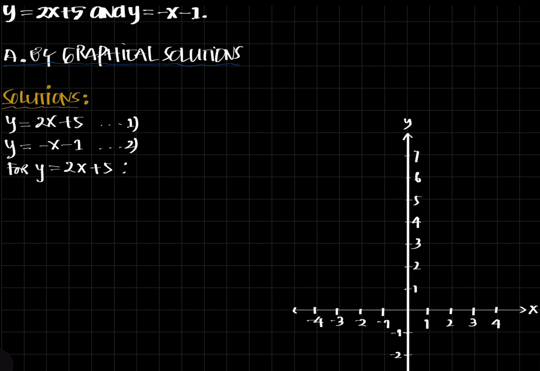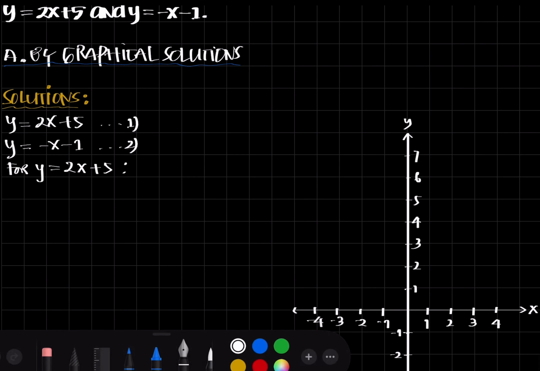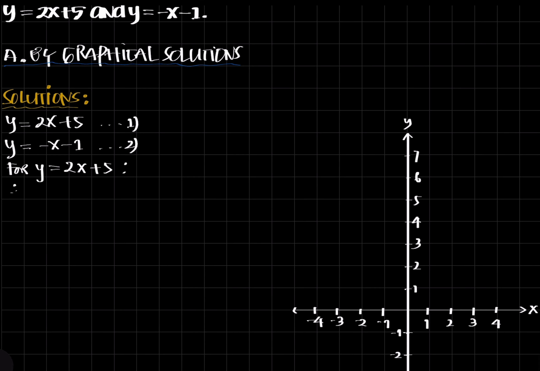Let's do it one by one. When x equals 0, how do we find the value of y? You substitute x with 0, so y equals 2 times 0 plus 5. So y is 5.